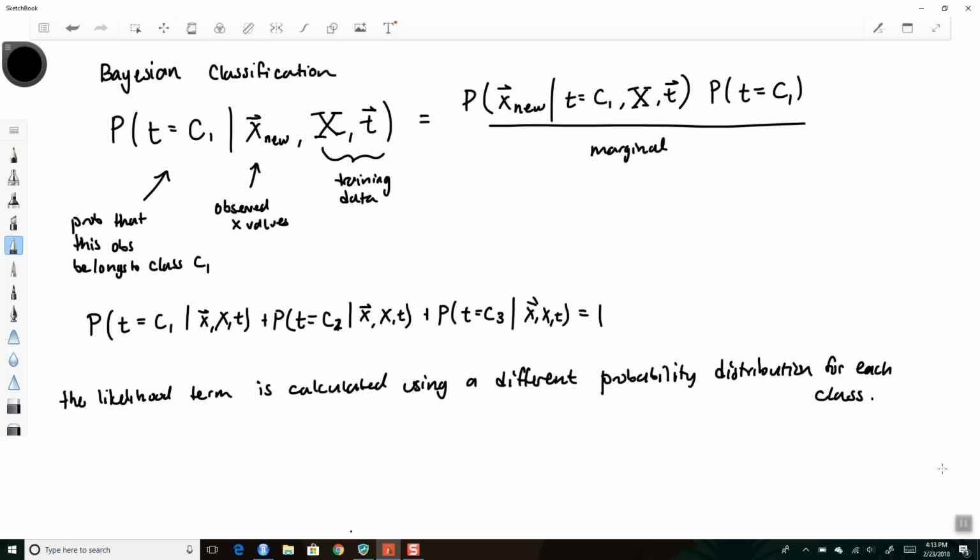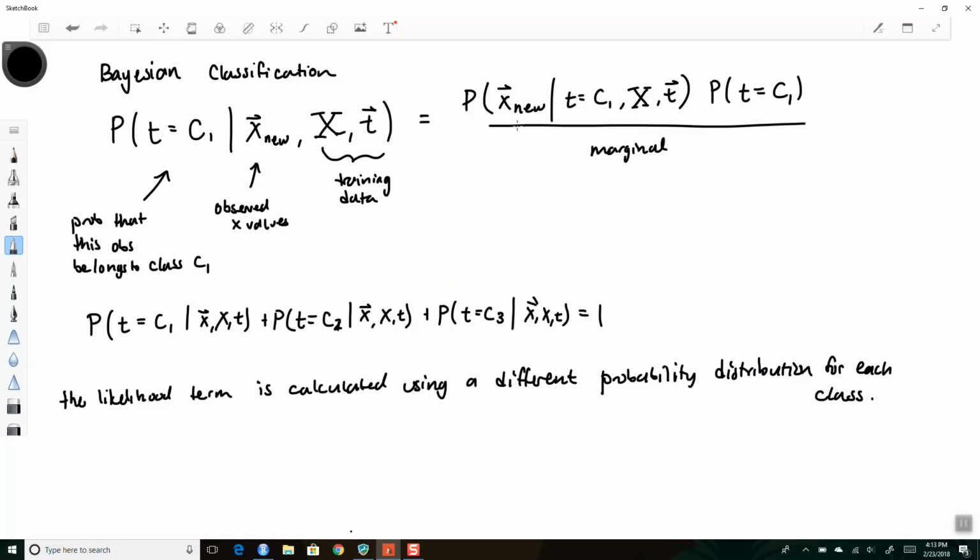Okay, so you have a probability distribution for class 1, you have a probability distribution for class 2, you have a probability distribution for class 3, and then you say, well, what is the likelihood of getting the values that I observed in X new from each of those probability distributions?